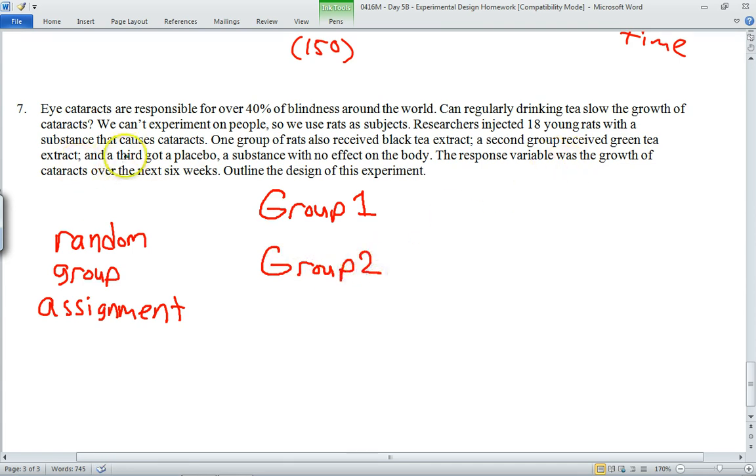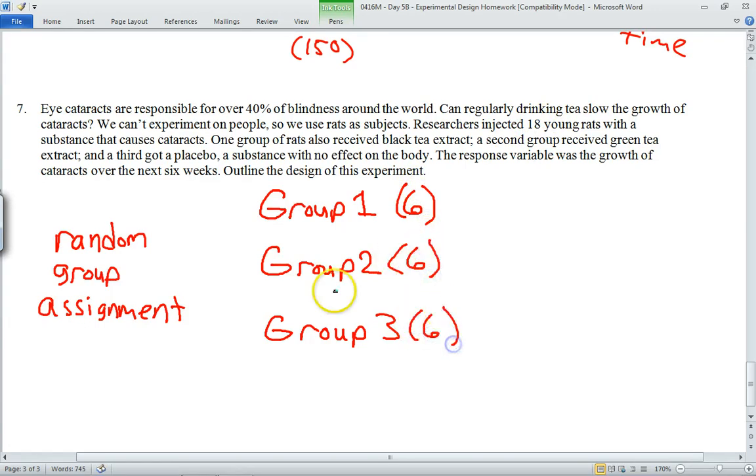And a third got a placebo, so group 3. So how many rats are going to be in each group? Well, if there are 18 rats altogether, there are going to be 6 rats in each group. 6, 6, and 6 rats.